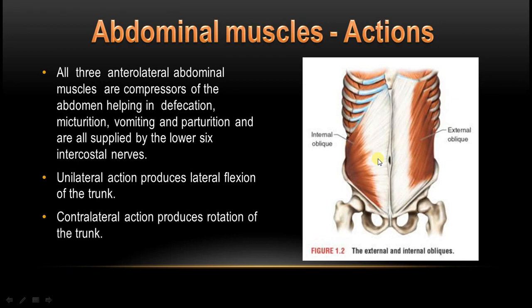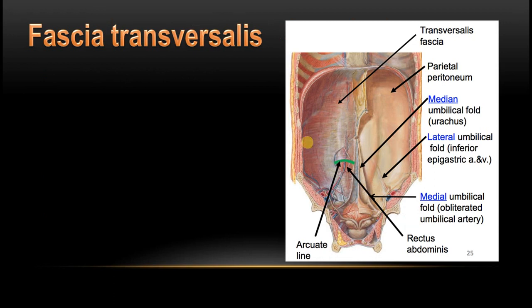Okay. So, next we will move on to the next layer. What you see here is the fascia transversalis, which is present deep to the transverse abdominis muscle. Okay. So, on the deeper aspect of the transverse abdominis muscle, what you see is the fascia transversalis.